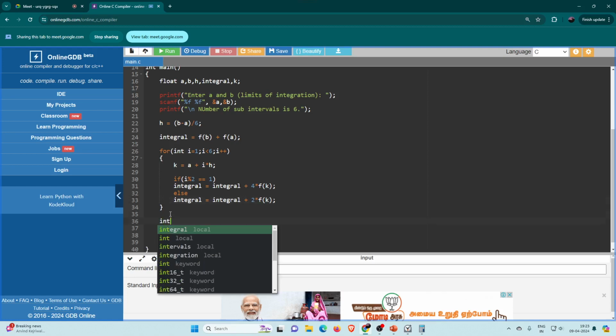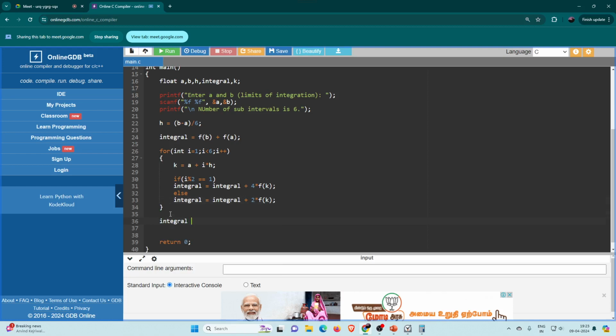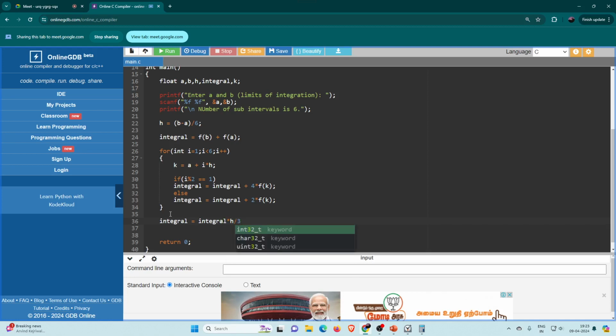And finally, I will multiply it with the step size. Integral equals integral into h by 3. So that is done.